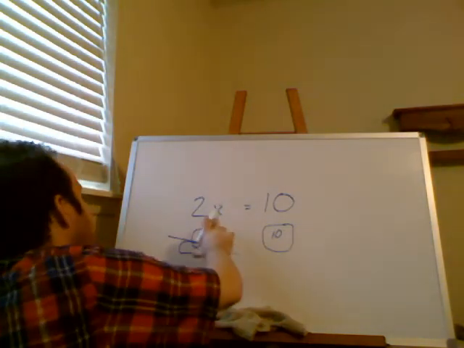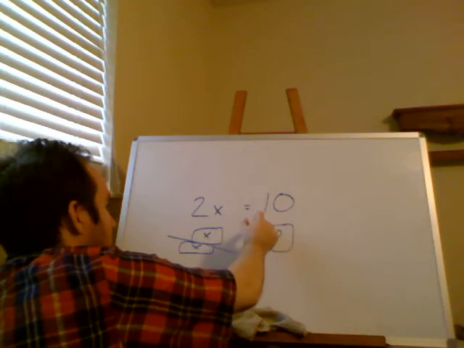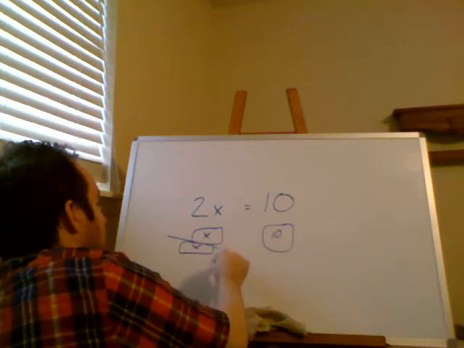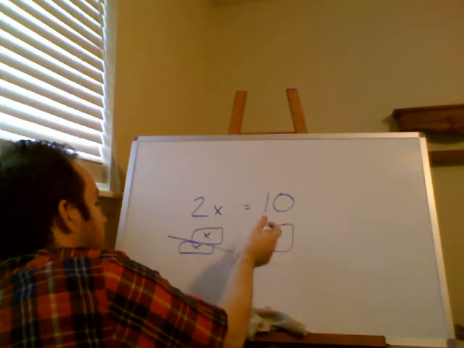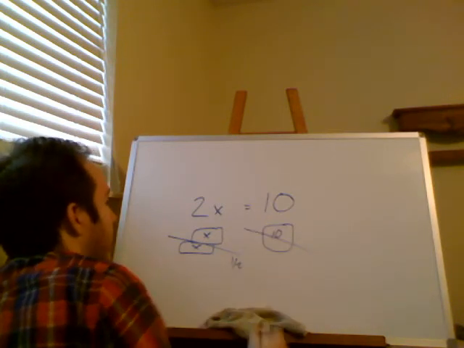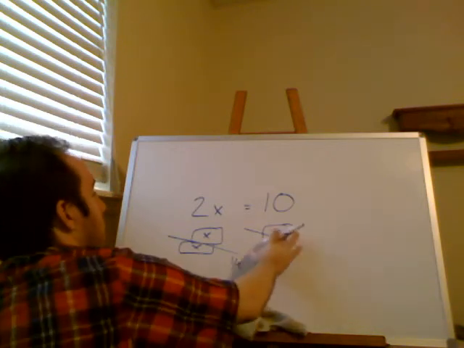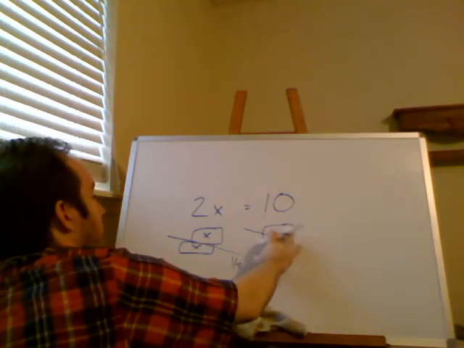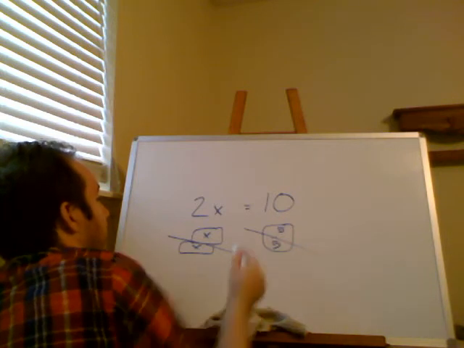So what we do to one side to keep my scale balanced, where we halved it, or divided it by 2, or however you want to say it, we're going to do the same thing on this side. So what is half of 10? If we had 2 boxes that both added up to 10, we could say they both had 5 pounds.